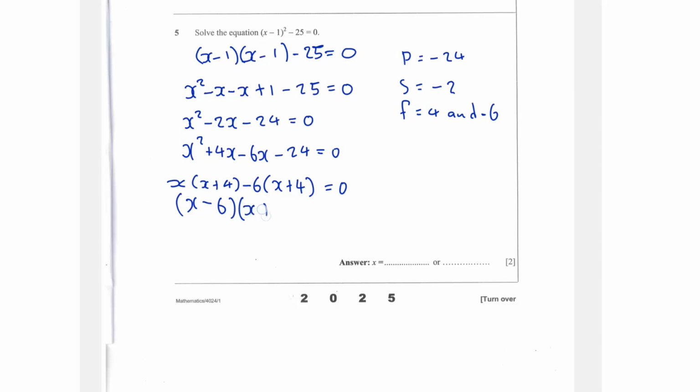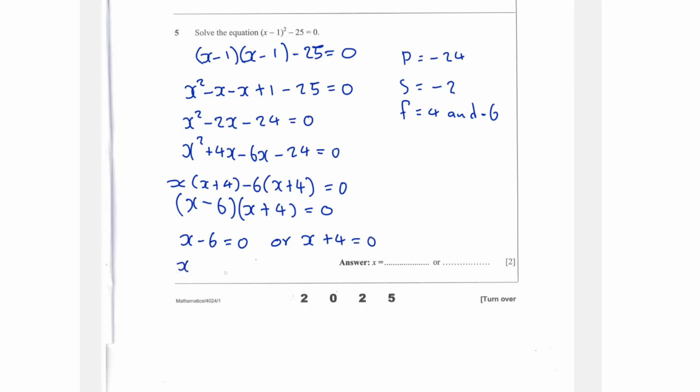So you have (x plus 4), and then it will be equal to 0. The next step is to equate the first bracket to 0 and then the second bracket also to 0. So if we do that, you have x minus 6 equals 0, or x plus 4 equal to 0.